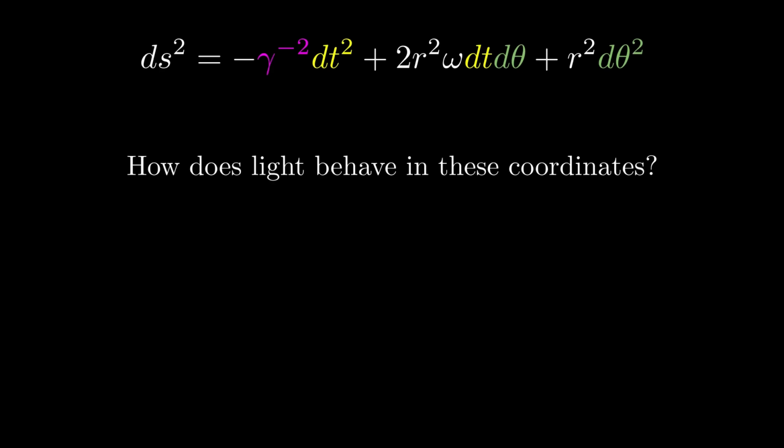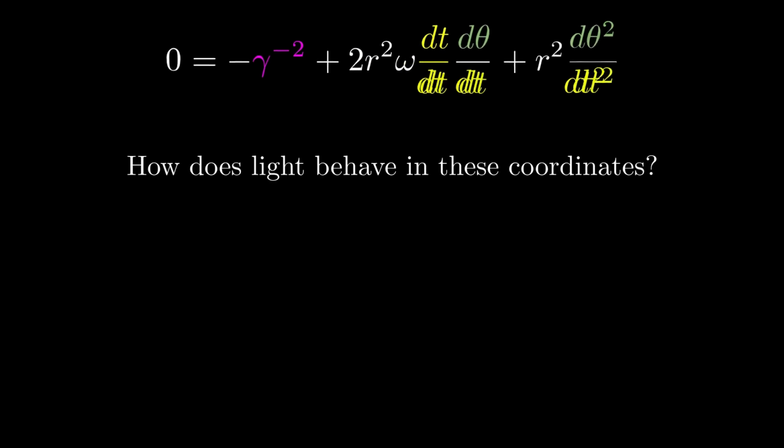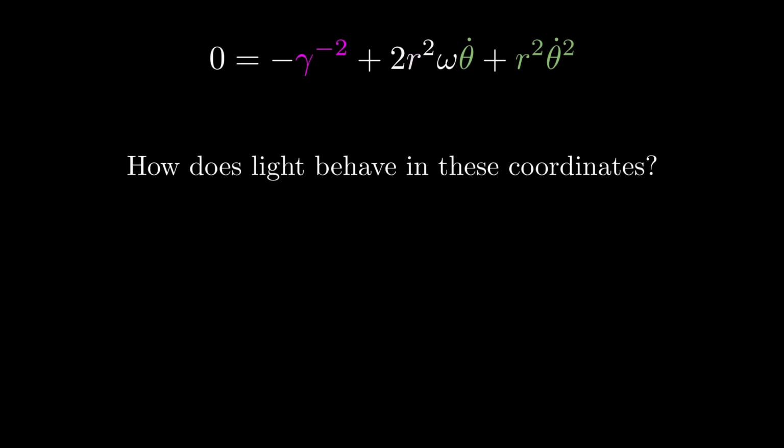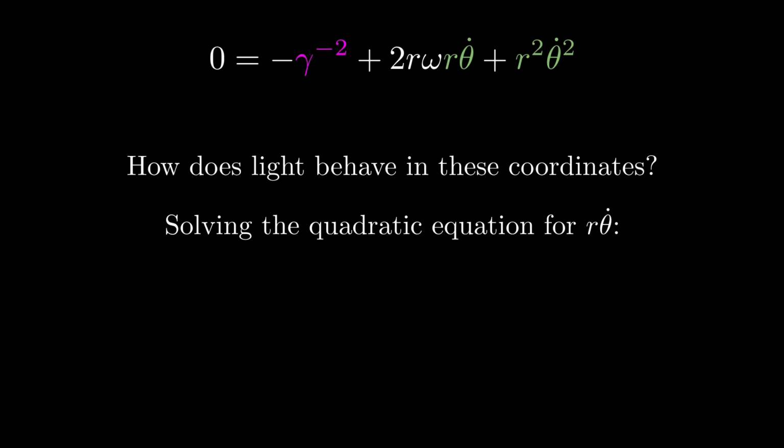Light follows null paths, so we set ds to be 0. And let us divide everything by dt squared. This is a quadratic equation, so we can solve it. Skipping the details, we get these two solutions.